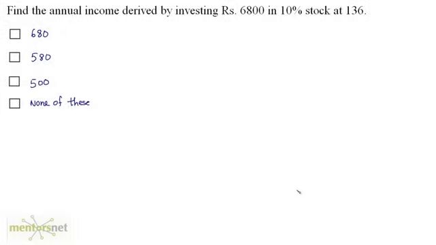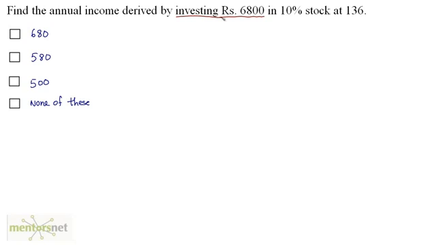Find the annual income derived by investing rupees 6,800 in 10% stock at 136. We want to calculate the annual income, and for annual income you need face value, because annual income is basically dividend, and dividend is calculated on the face value. Now you might be confused that this is the face value, but it is not, because it is invested.